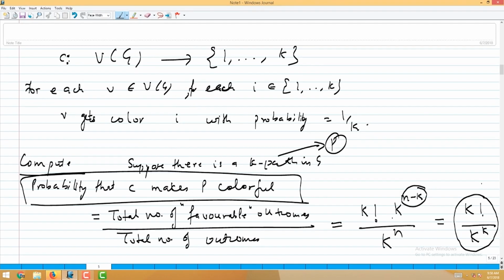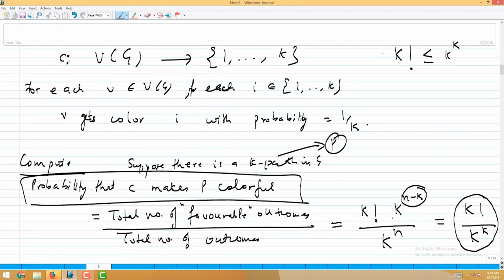Just an upper bound. k factorial is at most anything. Usually when you have a k factorial, you can upper bound it by k power k, that everyone knows, right?